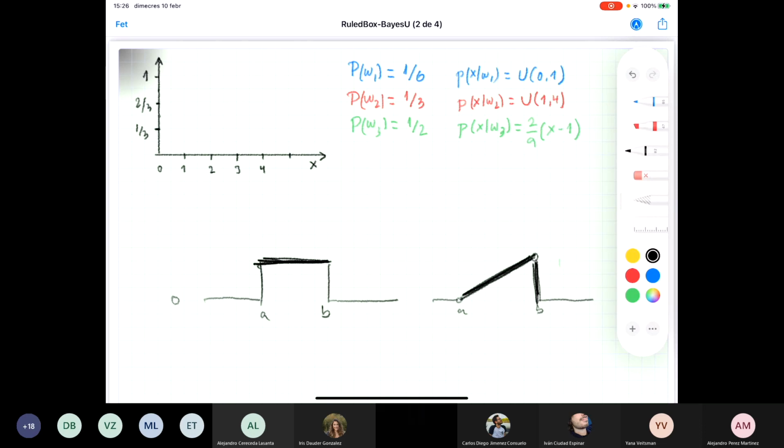So, well, what is the value of this and the value of this? Take into account that this area has to be 1 and that this area has to be 1.